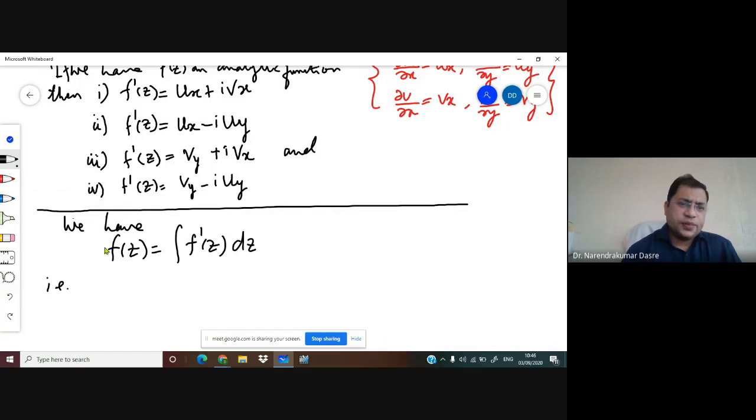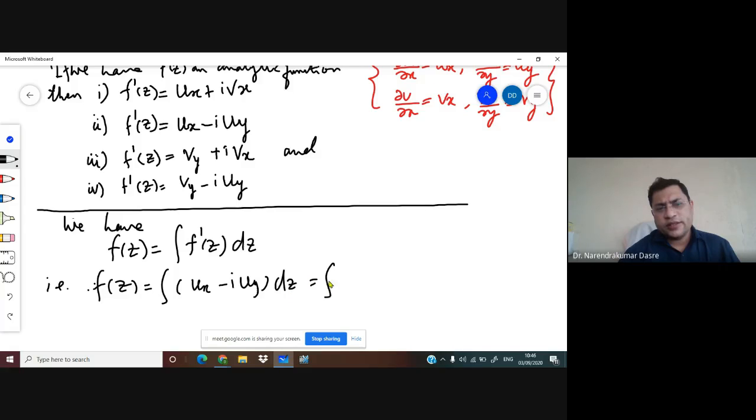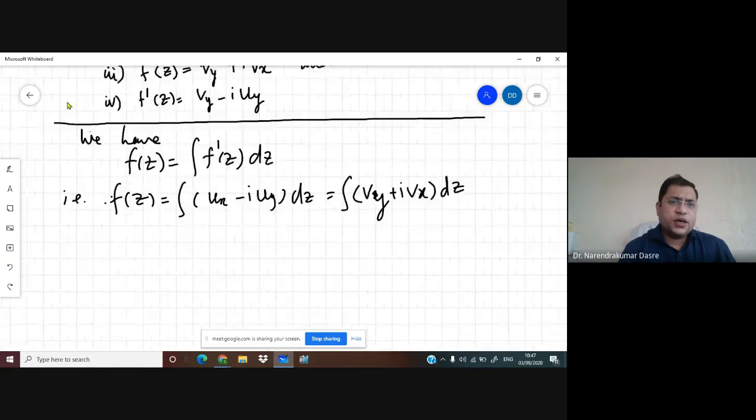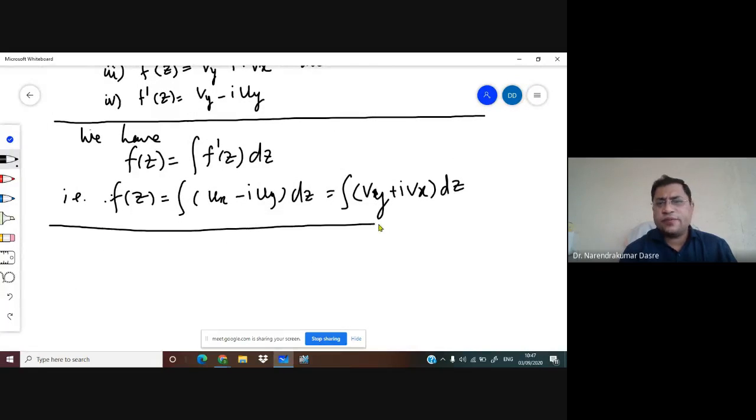If the real part is known, then f of z is equal to integration of (ux plus ivx), but here only the real part is known, so I'll write minus i uy dz, or this is the same as vy plus ivx dz. This way we are able to find the function f of z.